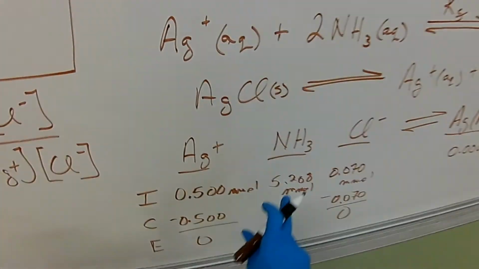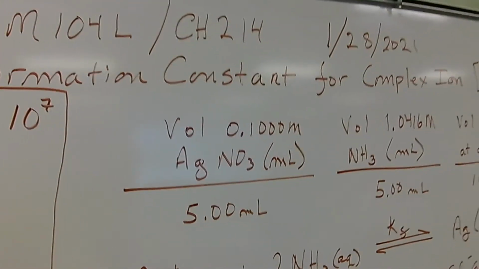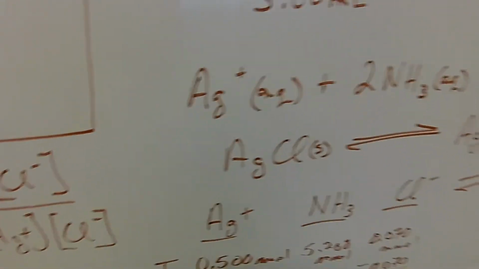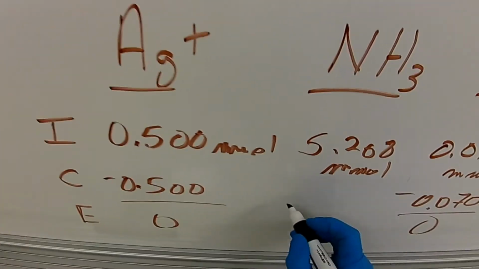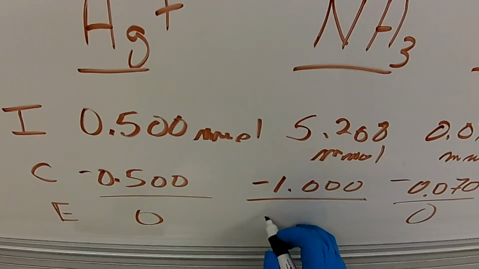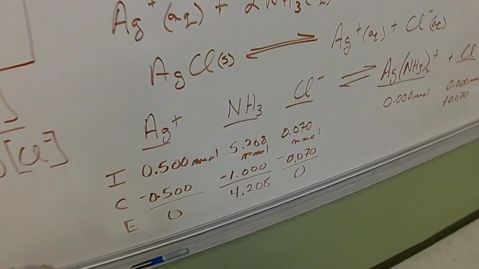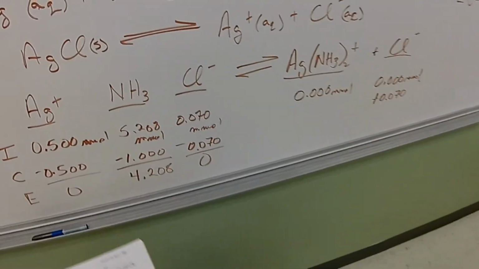But how much ammonia did we use? Well, what's the ratio? For every one of these, you use 2 of those. So for every one of these, we subtracted 2 of these, minus 1.000. So now we have 4.208 millimoles of ammonia left.